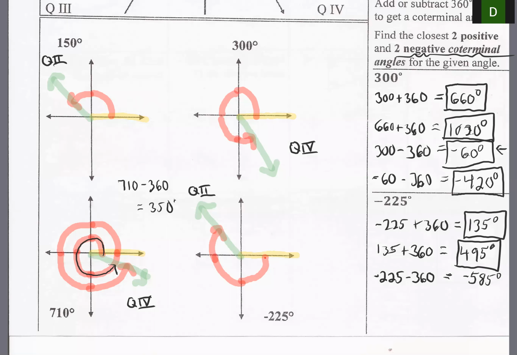And then I take -585 and subtract 360 from that. That'd be a second coterminal angle that's negative. So -945. So now we just found four coterminal angles, which all have the same terminal side, even though the drawing of the picture would look a little different.